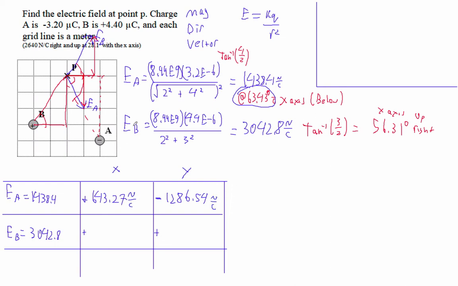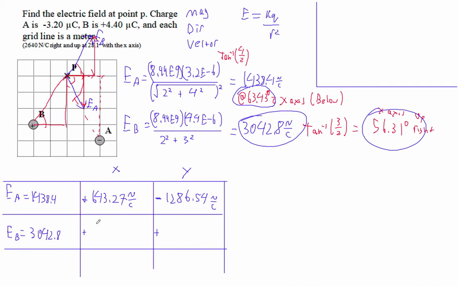All right, so now let's do B. B, the angle is 56.31. This is our magnitude, right? So let's go find those numbers. I'm just going up arrow on my calculator till I find the magnitude. There it is. And I'm going to just hit enter, and I'm going to find that angle at 56.31. There it is. So now those two numbers are the last thing in my calculator. Okay, these components are going to be positive.